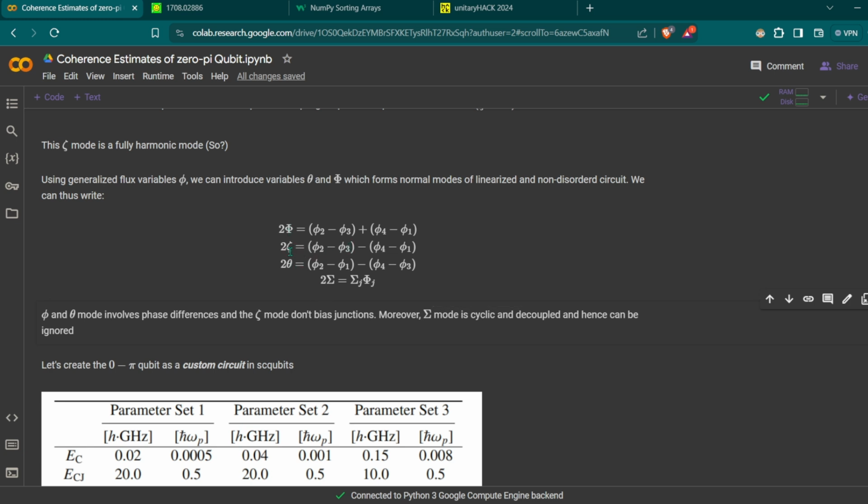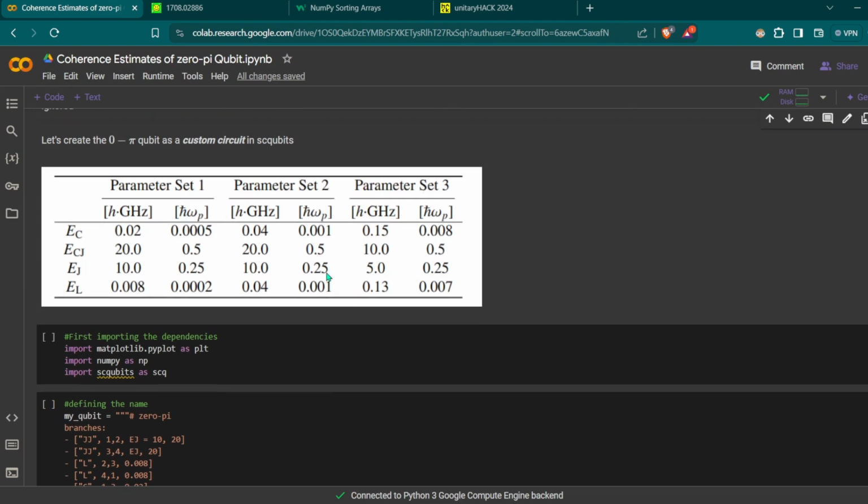But we are going to eliminate this zeta and this sigma values, because sigma mode doesn't bias the junctions as we have known from here, and sigma is also cyclic and is decoupled when we consider the circuit. So these two modes are ignored, and we are left with only the capital Phi and the theta modes in terms of the generalized flux variables, right?